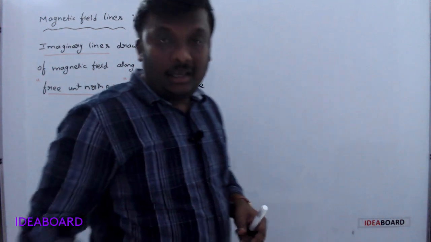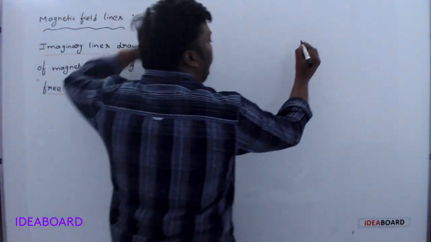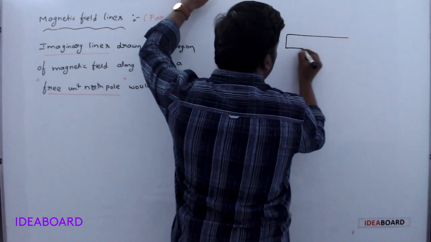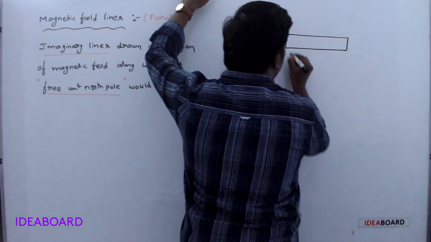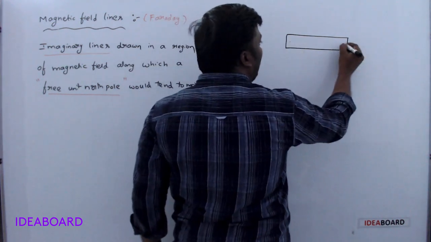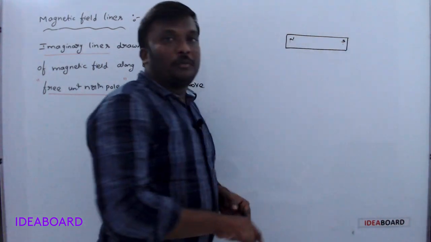Okay, let us see how these magnetic field lines are present for a bar magnet. So I considered a bar magnet. We know the bar magnet has two poles. One is the north pole, another one is the south pole.